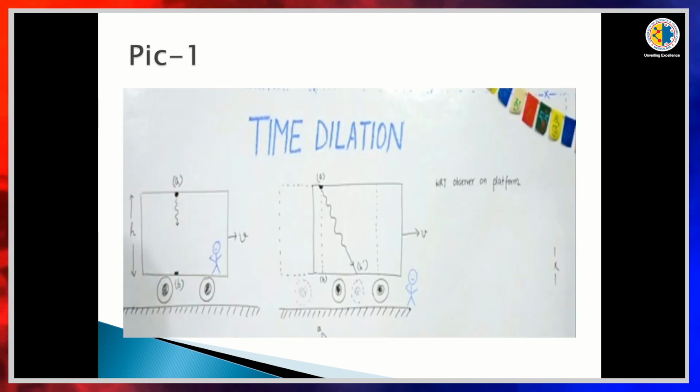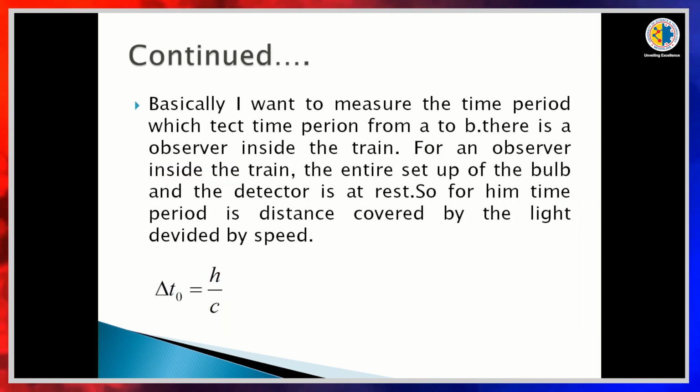Now, I want to measure the time period between event A and event B. Here two pictures are given, A and B. The first picture shows an inside observer, and the second picture shows an outside observer observing the whole situation. Basically, I want to measure the time it takes from point A to point B. There is an observer inside the train.